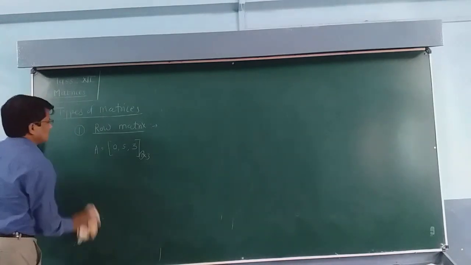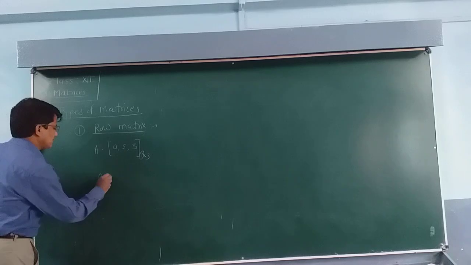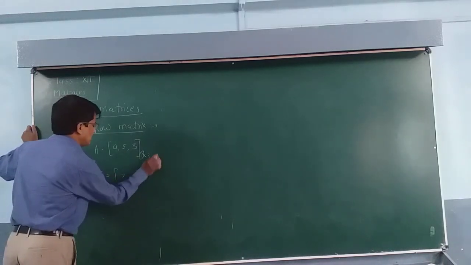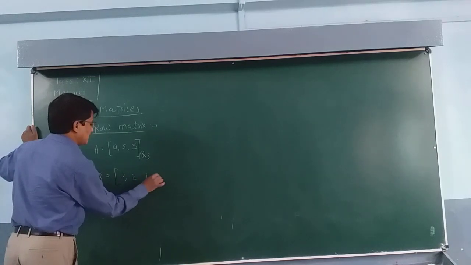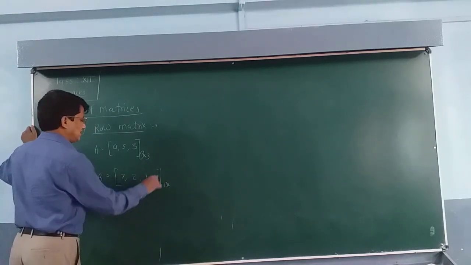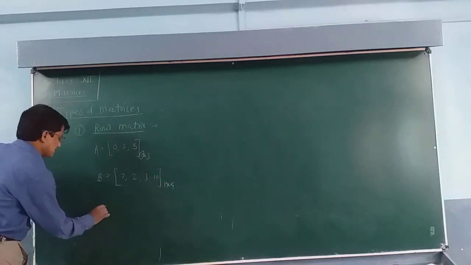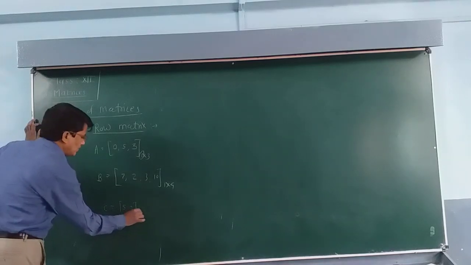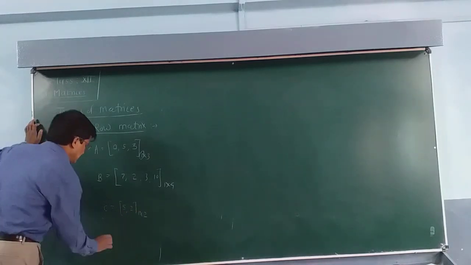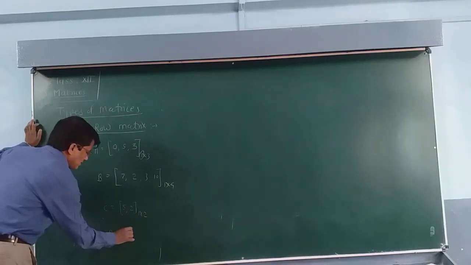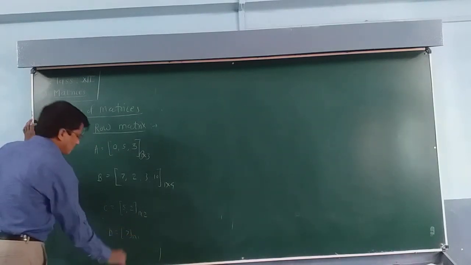For that, suppose I take like this: 7, 2, 3, 10. What is the order? One row and columns are 1, 2, 3, 4. One more example: 5, 2, one row and 2 columns. Suppose matrix D is 7. What is the order? 1 by 1.